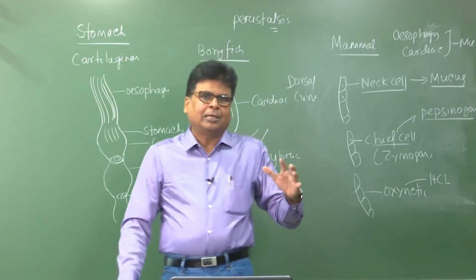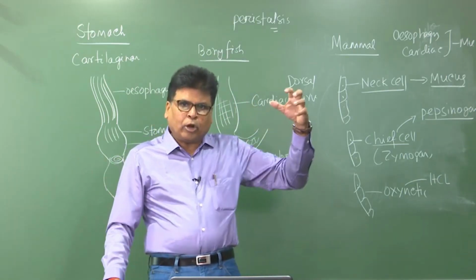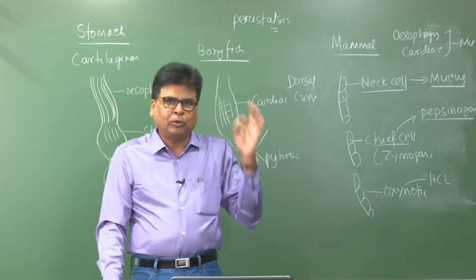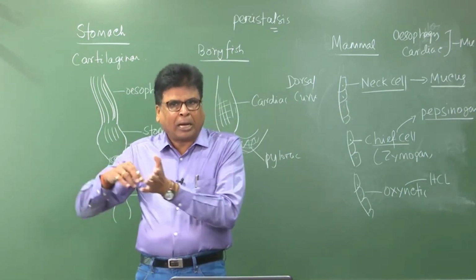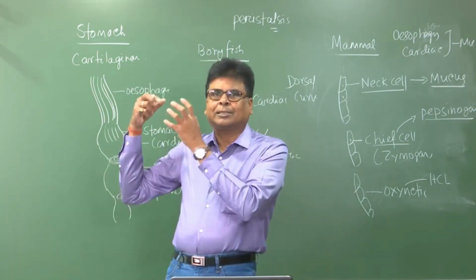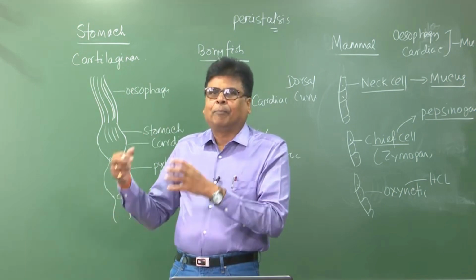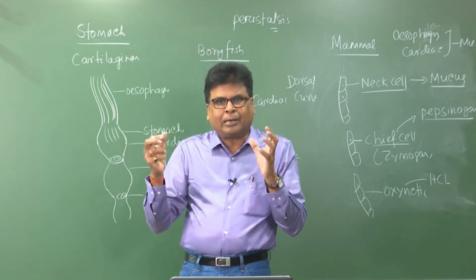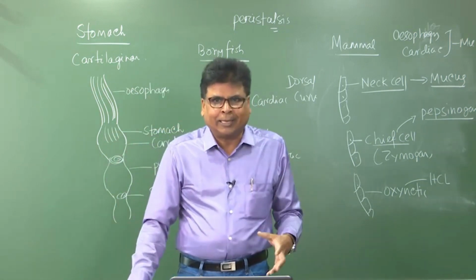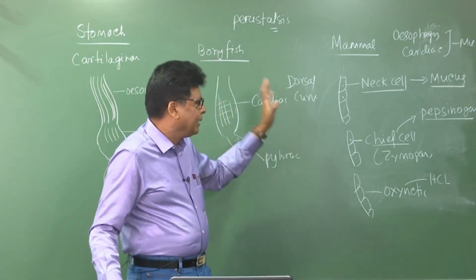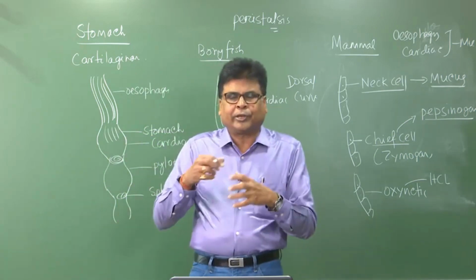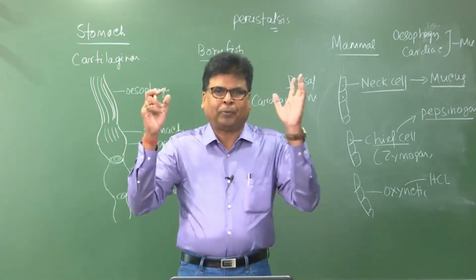That means the anterior part communicating with the oesophagus secretes mucus, and the pyloric part communicating with the intestine secretes mucus, but the fundic part has all types of cells, neck cell, chief cell and oxyntic cell, and secretes all types of fluid.